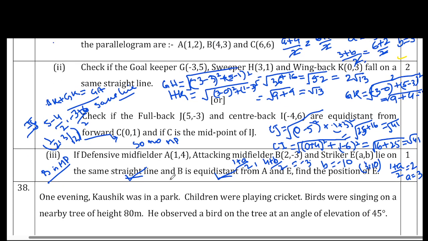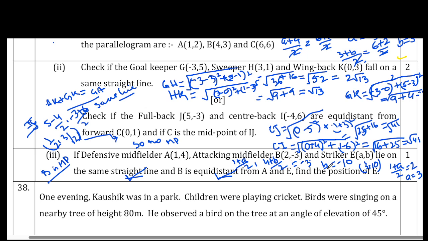Third, the defensive midfielder (1, 4) and attacking midfielder (2, minus 3) and striker E (A, B) lie on the same straight line and are equidistant from A and E. What will be the position of E? See, equidistance and same line. So B should be the midpoint. That means (2, minus 3) is the midpoint.